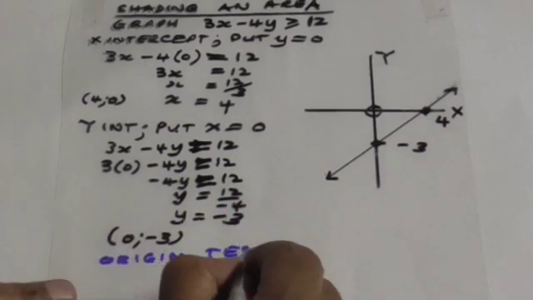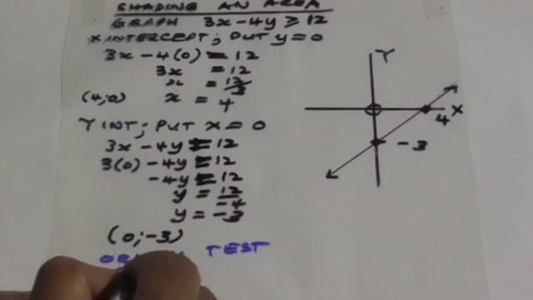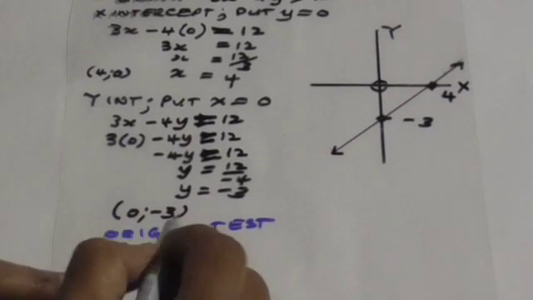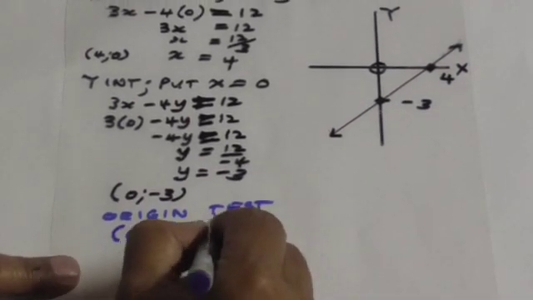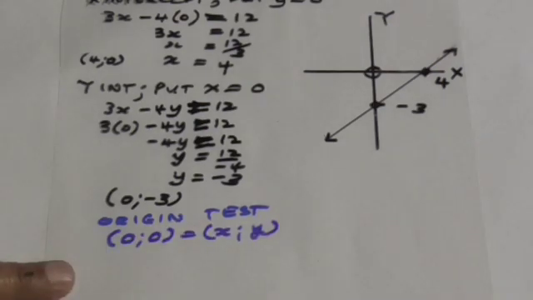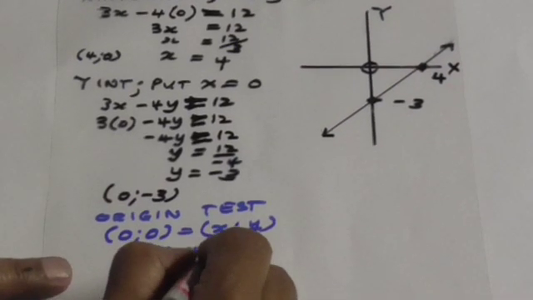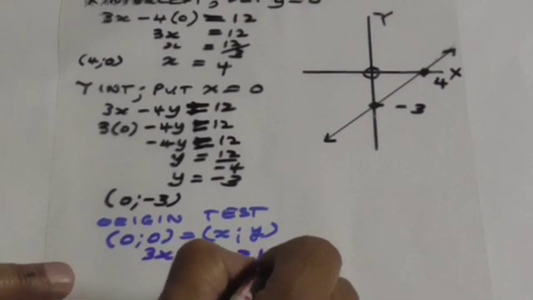Use the origin test. The coordinates of the origin are (0, 0), which is actually x and y. You take these and you put them in the original equation. The original equation was 3x minus 4y is greater than or equal to 12.